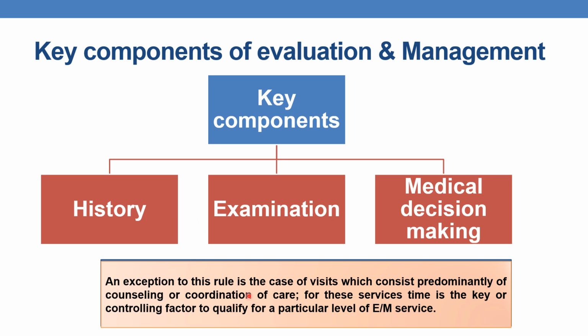An exception to this rule is the case of visits which consist predominantly of counseling or coordination of care. So there are some visits which predominantly depend on counseling or coordination of care. For these services, time is the key or controlling factor to qualify for a particular level of E&M.